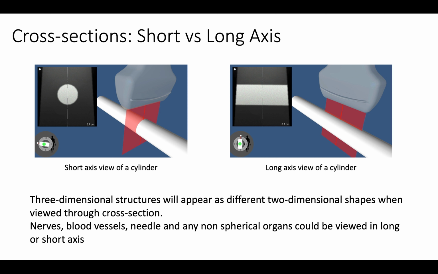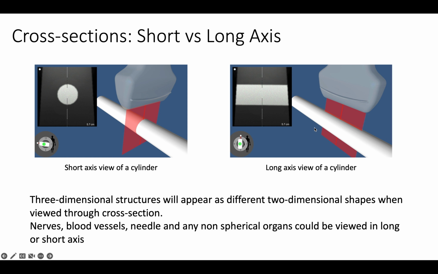So let's talk about cross sections. We will be looking at 3-dimensional structures, but on a screen we'll see a 2-dimensional image. There are two kinds of views. Short axis view: we're looking at a cylinder, and this is the short axis view. It will look like a circle.